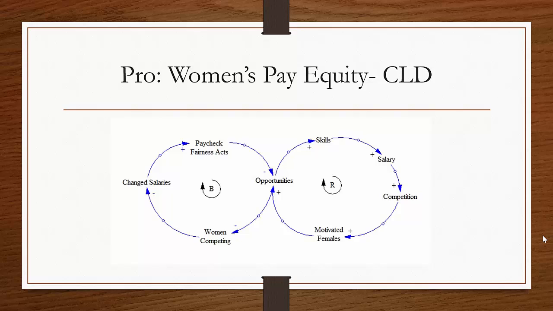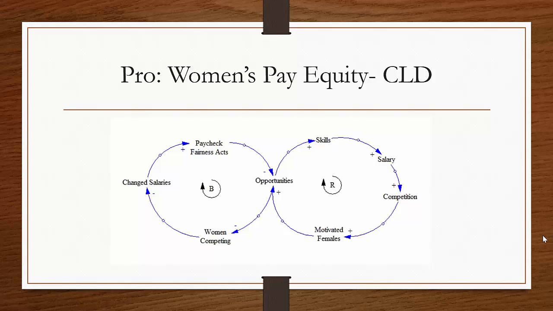The 5 variables are opportunities, skills, salary, competition, and motivated females. The other loop, a balancing loop, is comprised of 4 variables such as opportunities, women competing, change salaries, and Paycheck Fairness Acts. Now, let's dive a little deeper to understand this.